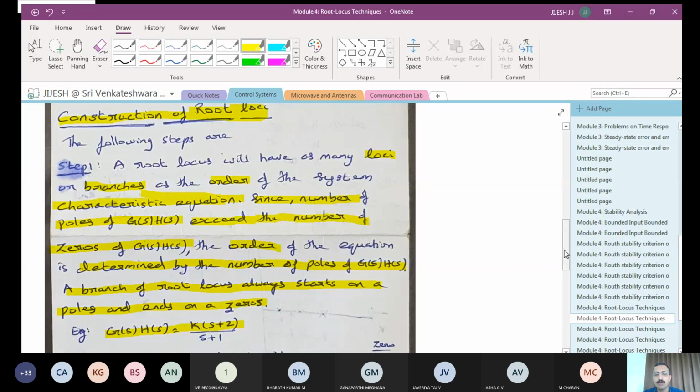We'll be seeing how we got G(s)H(s) given here as k(s+2)/(s+1). So we have to write 1 plus G(s)H(s) equal to 0. That is the characteristic equation. Substitute G(s)H(s), simplify that, and find out the poles and zeros.